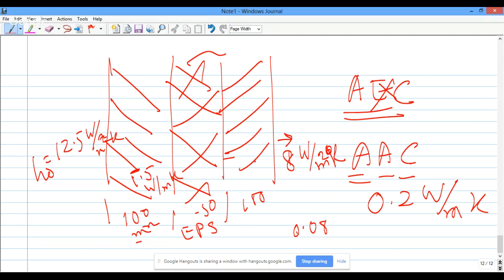Then you find out the U value. So 1 over U is equal to 1 over H naught plus sigma Li by Ki plus 1 by Hi. If L is 100 mm on this side and also 100 mm on the other side, and corresponding thermal conductivity is 1.5, we can just calculate this out.